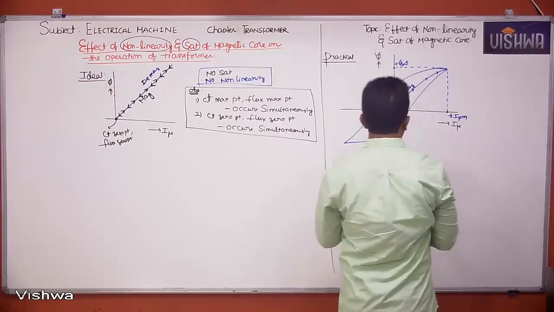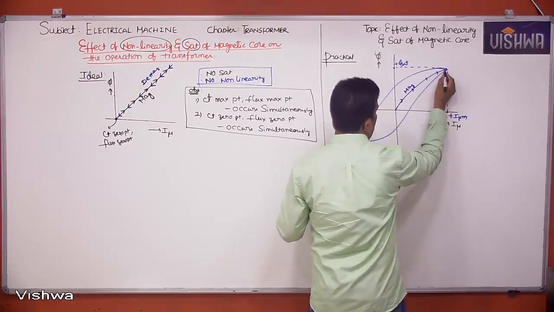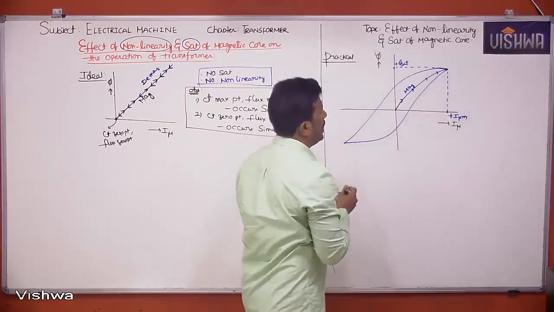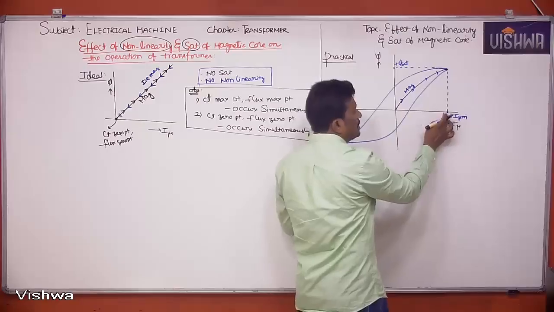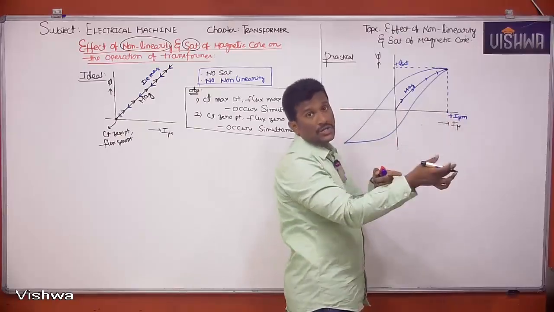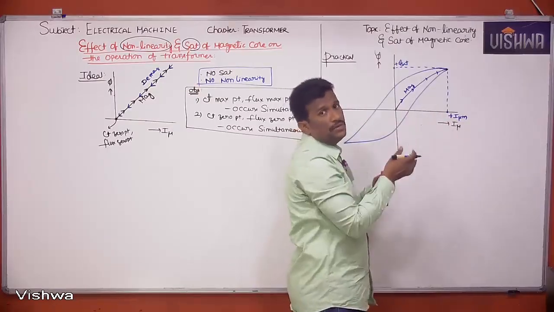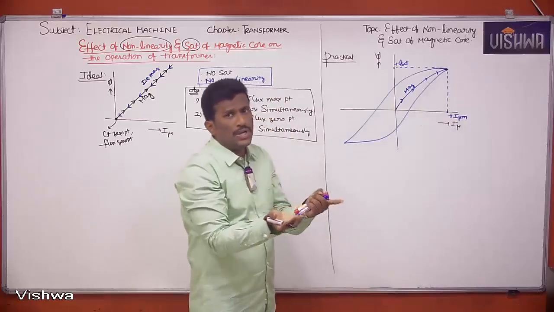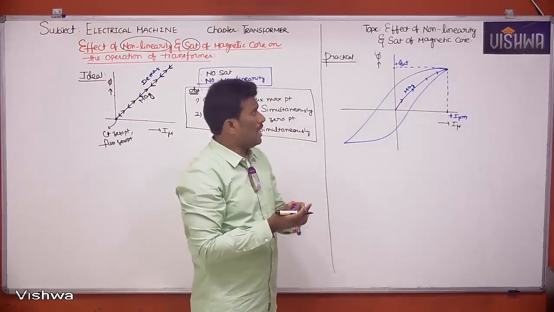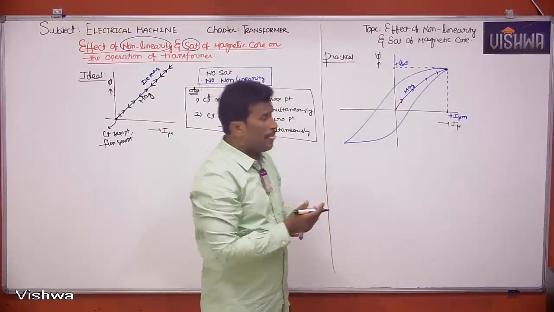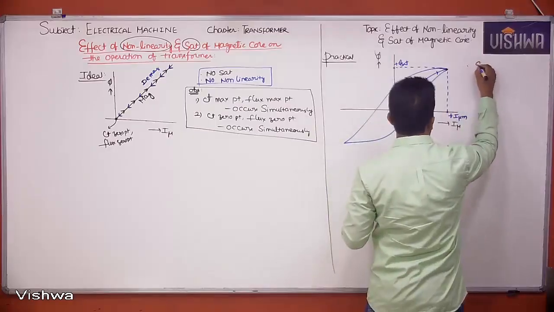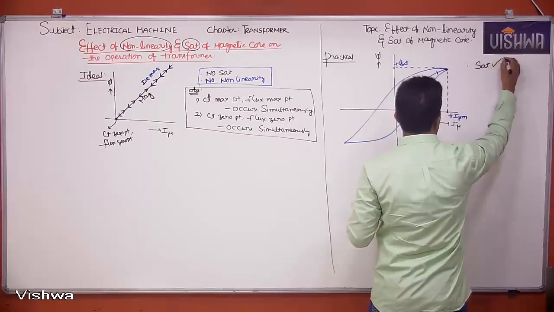After this instant, if you increase current, there is no increment in flux value, because the core enters saturation. So your maximum value is plus flux saturation only. Here I am taking saturation into account; previously I had not.